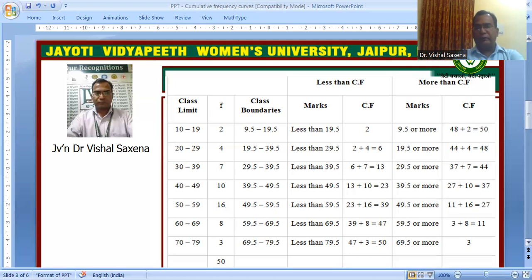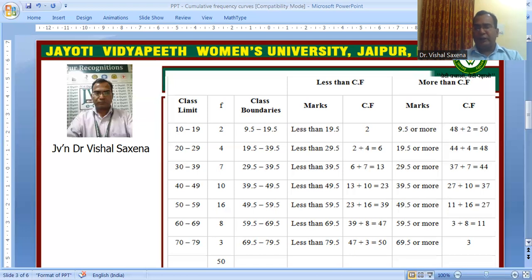Now, how can we make the more than cumulative frequencies? These are made for the lower limits of the class boundaries. So for 9.5 or more, when the marks are 9.5 or more, the cumulative frequency is simply the sum of all the frequencies: 2 plus 4 plus 7 plus 10 plus 16 plus 8 plus 3, and it finally becomes 50.